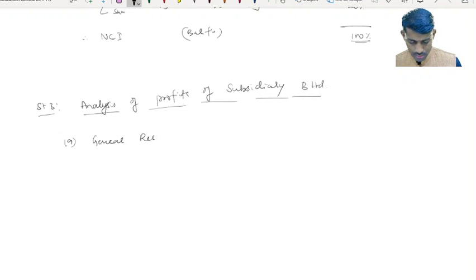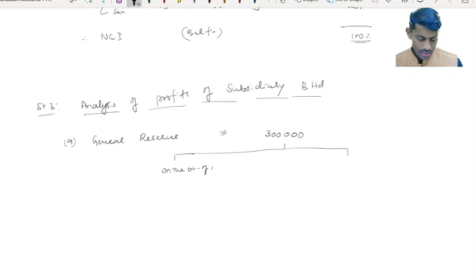The closing balance as per the balance sheet we have is 3 lakh, but this has to be analyzed on the date of acquisition, which we call pre-acquisition, which is given in your problem.